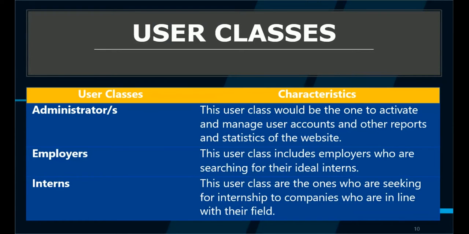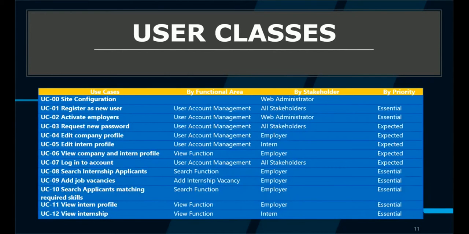The following table shows the summary of user classes. The user classes are the administrator, employers, and interns. The following table shows the summary of the use cases of the system.